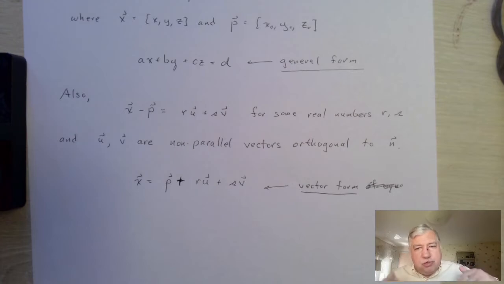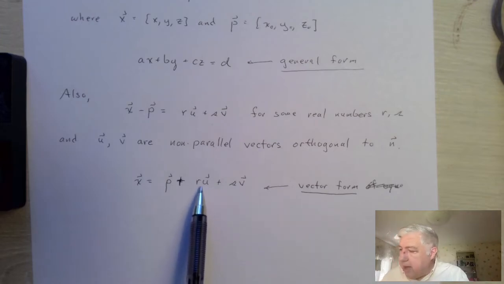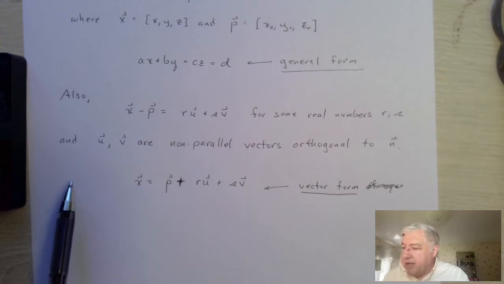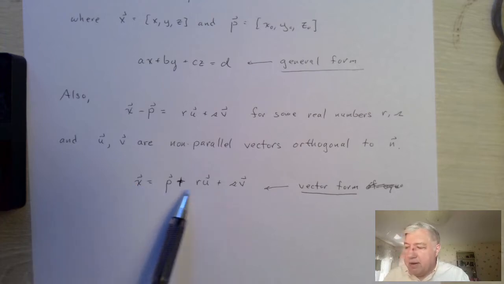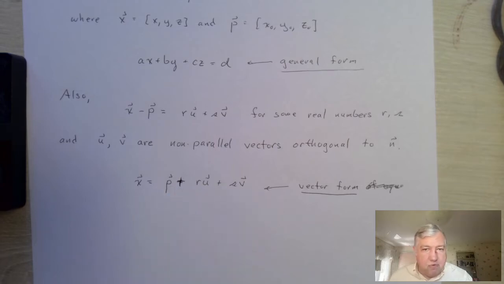And then just like we did before, because we're going to have two degrees of freedom, right? We came up with two vectors that were orthogonal to the normal vector, u and v, and so any point in the plane corresponds to a linear combination of these vectors in this form.